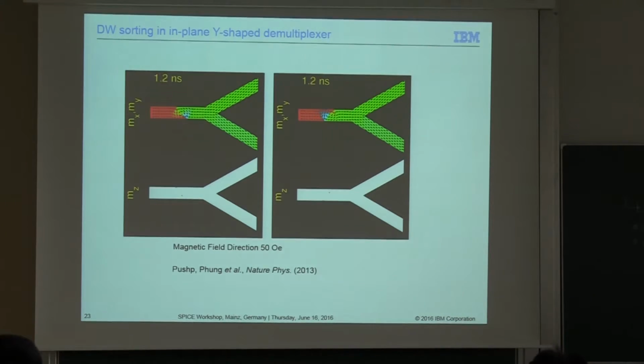And if you apply a magnetic field to move these two vortex domain walls, depending upon their chirality, they move in one branch or the other. So in this way, you can build a 2-bit demultiplexer device where the chirality is the selector bit, which chooses which branch the domain wall moves.